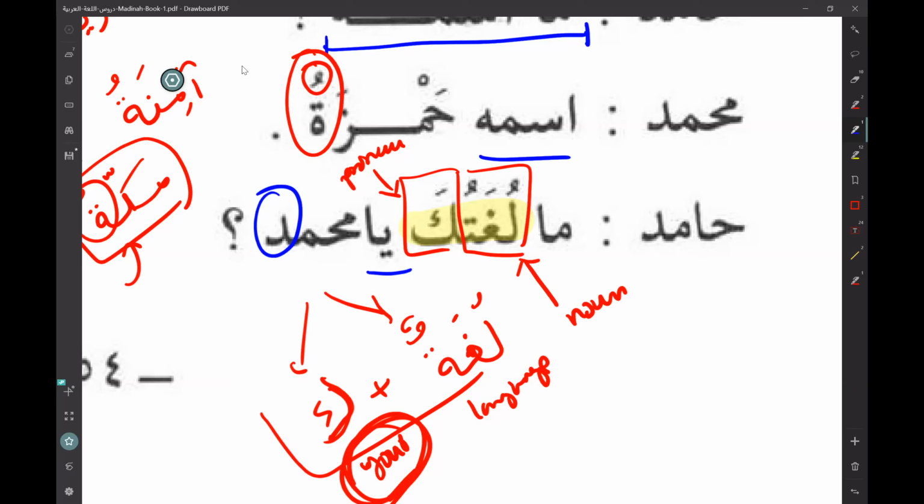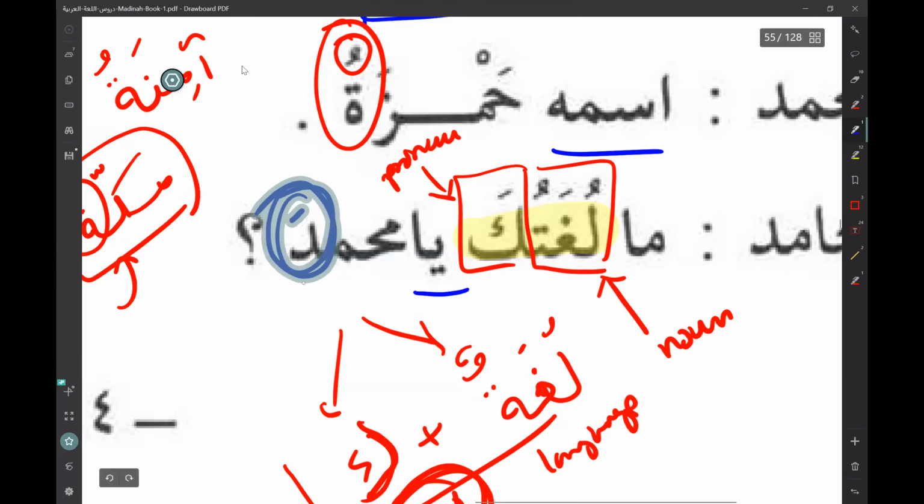I want to know what goes here. Your translation is good. What is your language, oh Muhammad? Very nice. But I need to know the grammar. What do I put here? Okay, you put fatha. Any other opinion? Anybody else? I'm not saying she's right or wrong, so you can guess.